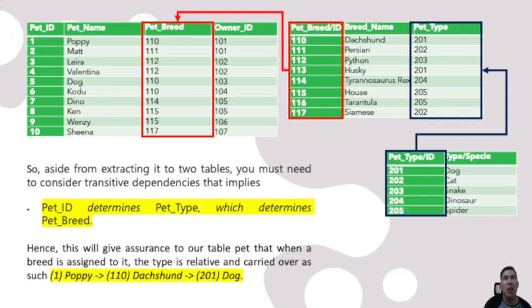So we can say that although pet breed and pet type are functionally dependent on a pet, because again a pet is determined or identified by a breed or at the same time by a type, there is the data integrity problem within the tables if we create two tables, breed and type, that are both connected to the pet table.